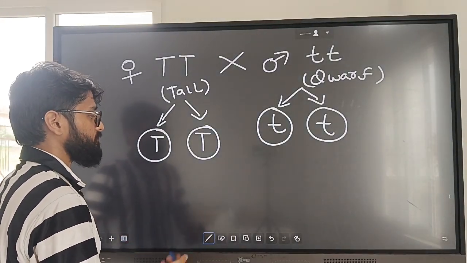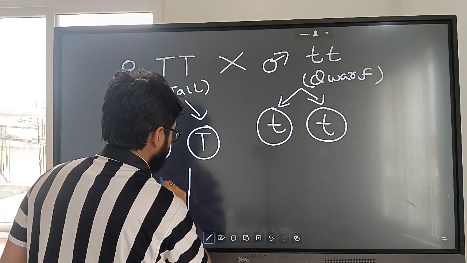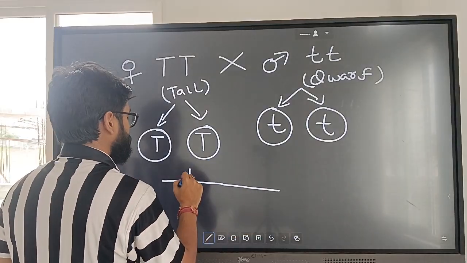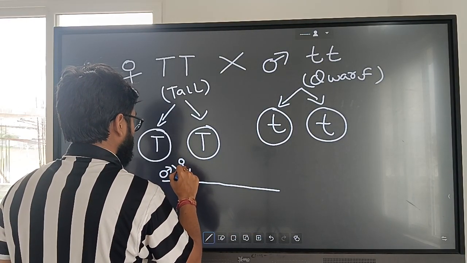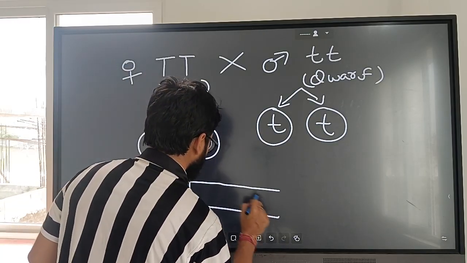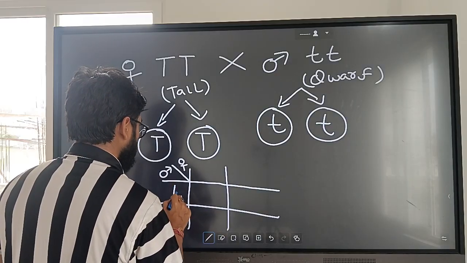To simplify it, first we will go with our Punnett square. We simply keep the gametes here.